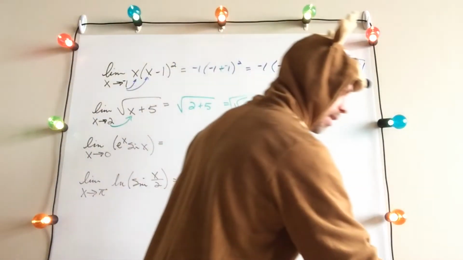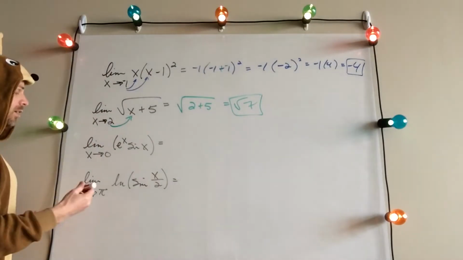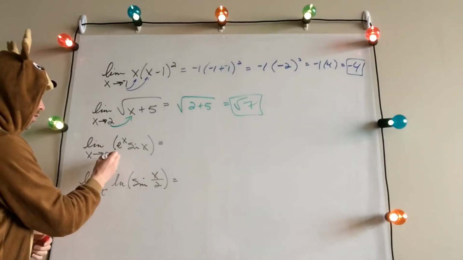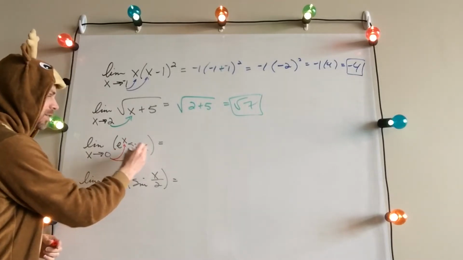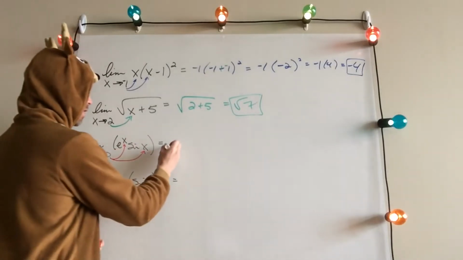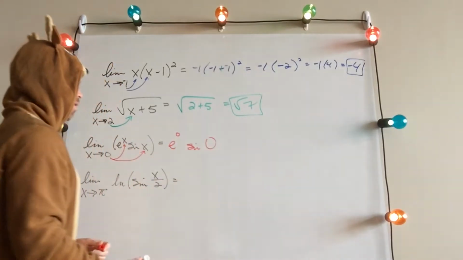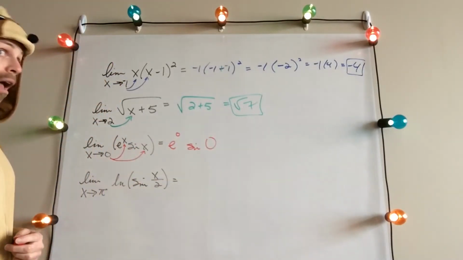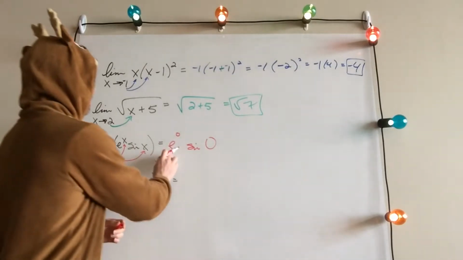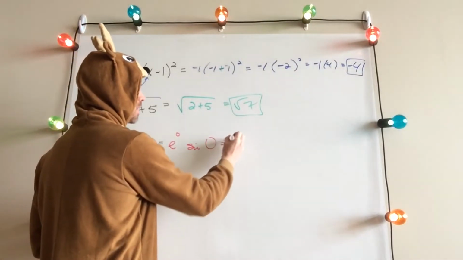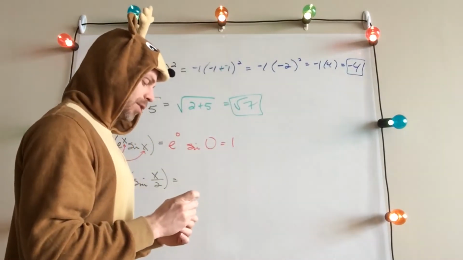Alright, and then here, limit as x goes to 0, so let's put the 0 in and see if direct substitution works. Put the 0 in place of the x's. We'd have e to the 0, and then sine of 0. Oh dear, we haven't done those kinds of things in a while. But let's see, anything to the 0 power is going to be a 1, and then we haven't done sine, cosine, tangent in a while.